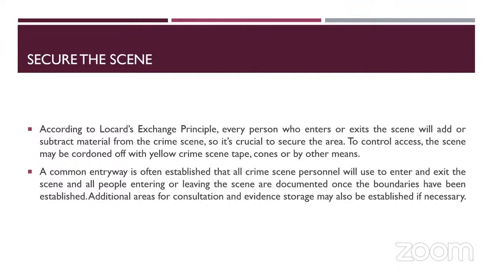So to control access, the scene may be cordoned off with yellow crime scene tape, cones, or by other means, as I said. So in order to prevent any unofficial access of others, the crime scene should be taped with the yellow tape and the cones that are used by the police, and any other means. If the crime scene tape is not enough, whatever other means could be used to preserve that area should be used.